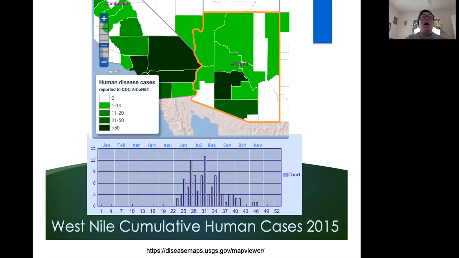And so both Phoenix and Tucson have pretty important mosquito reduction projects. Tucson does it mainly through trying to reduce standing water in people's yards.